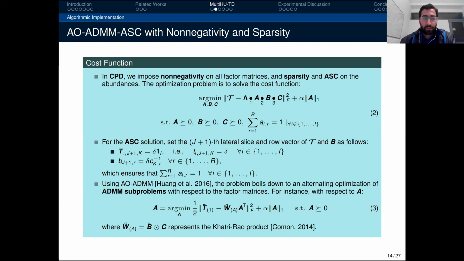Yes, Farzani. How do you choose R here, the rank? Very good question. In this case, our reference to choose R was a matrix-based selection.